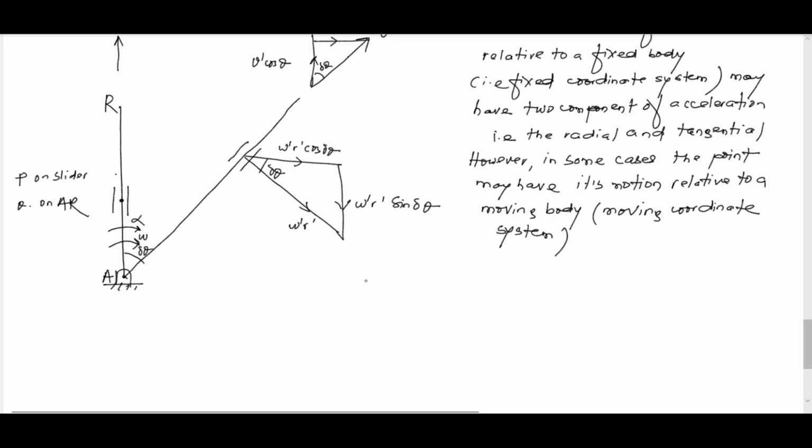So for example, consider the motion of a slider P on a rotating link.